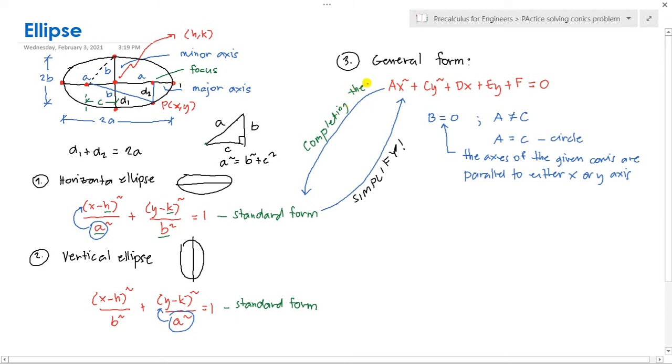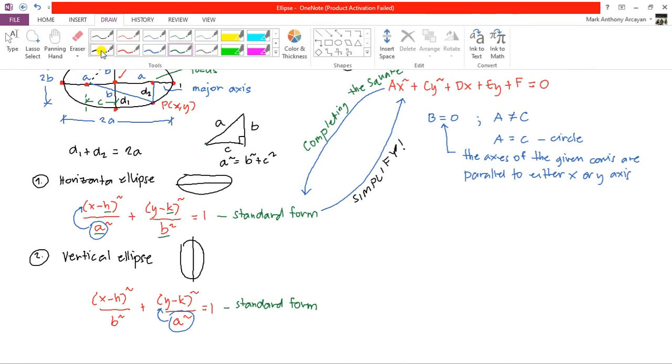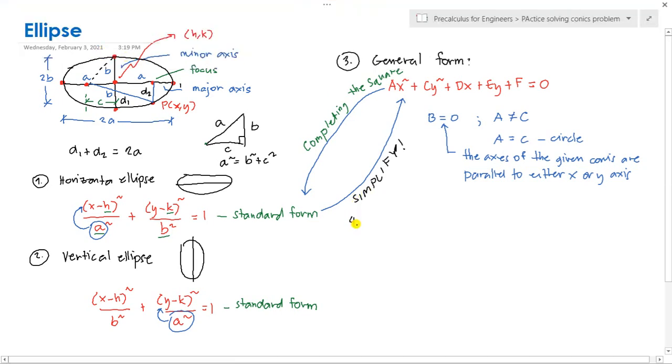So again, if you're going to convert standard to general, you simplify. If you're going to convert general to standard, you do completing the square.